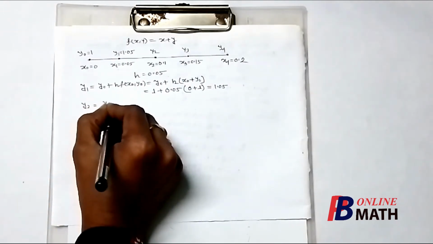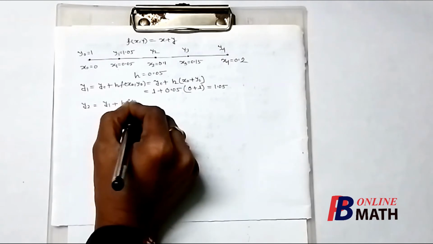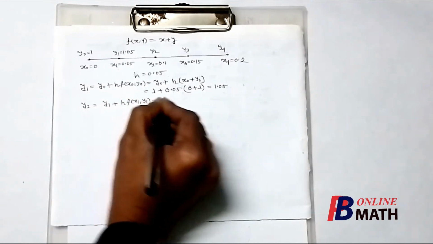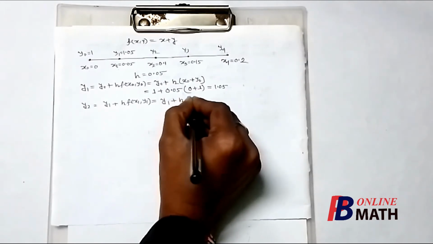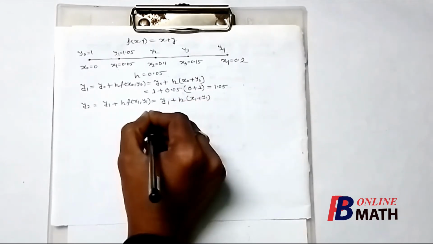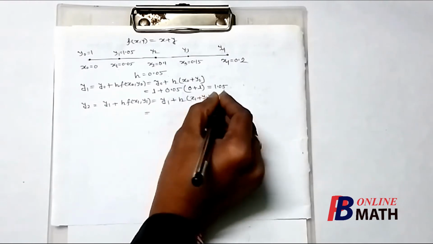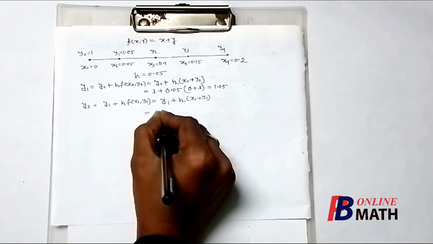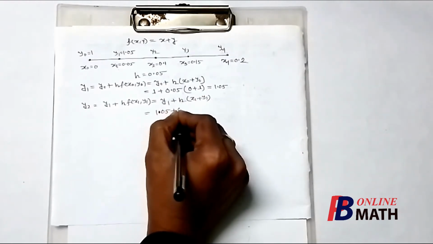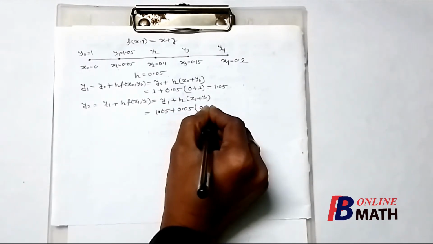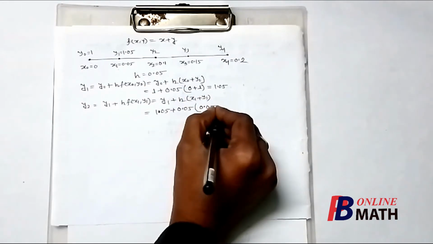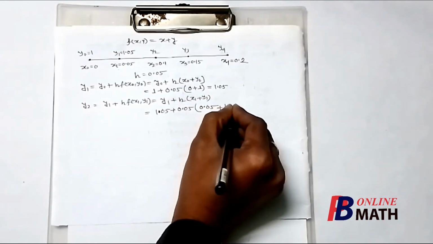y2 equal to y1 plus h into f(x1, y1). So by the formula this is y1 plus h into (x1 plus y1). Now y1 equal to 1.05 we have already calculated, plus h equal to 0.05, x1 equal to 0.05, this is the value of x1, plus y1 equal to 1.05.